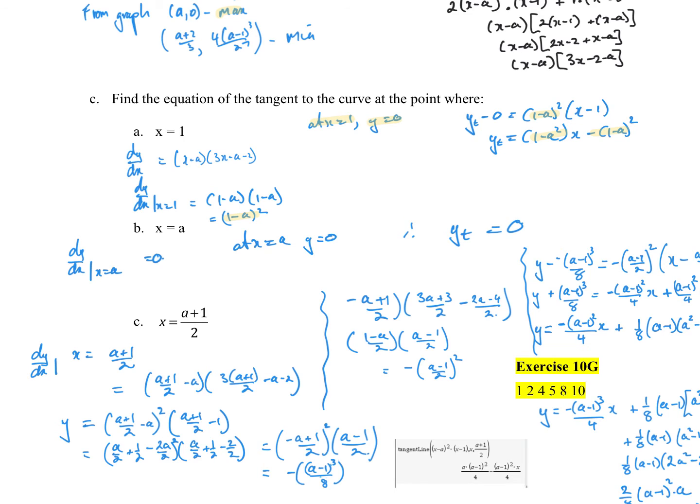So there's a tangent line at x equal to 1. At x equal to a, it's a little bit more straightforward because if I put x equal to a into my derivative, I get a minus a, which is 0. And if I put x equal to a into the function, I also get 0. So the tangent line, as we'd expect from the graph, because it's a stationary point, is a horizontal line, y equal to 0.